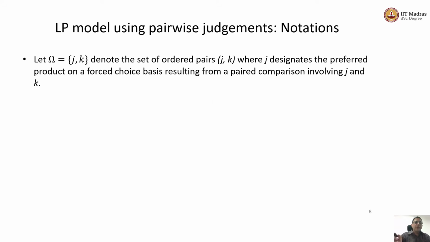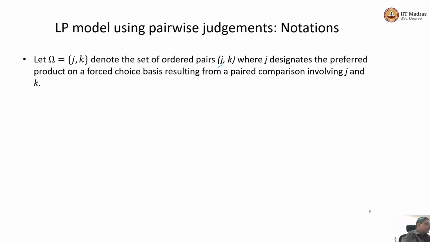So, let us come to that. This is the ordered pair JK, where J denotes the preferred product variant. And how is the consumer preferring J over K? Essentially, they are in their mind calculating the distance from the ideal location.